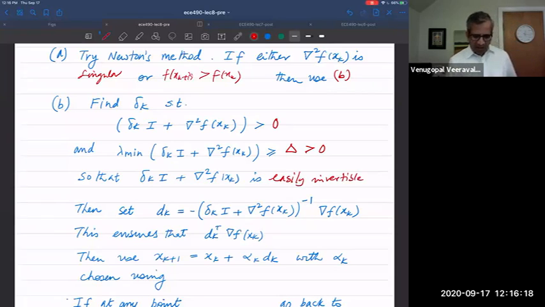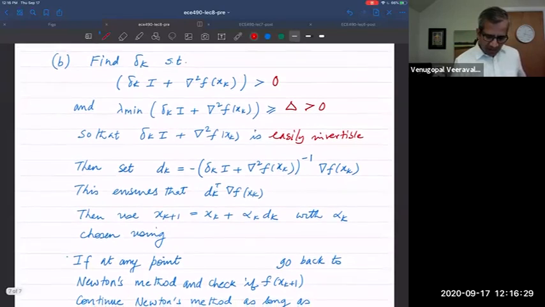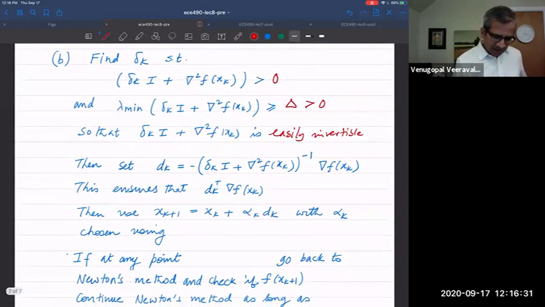Okay, so now you have this matrix that's invertible, and you use that matrix in a generalized gradient descent step. In that step, you use this matrix inverse times the gradient of xk. And since this is a positive definite matrix, it is a gradient method, so dk transpose gradient is negative.